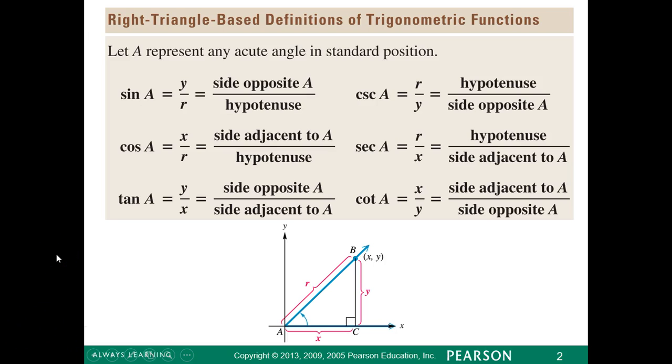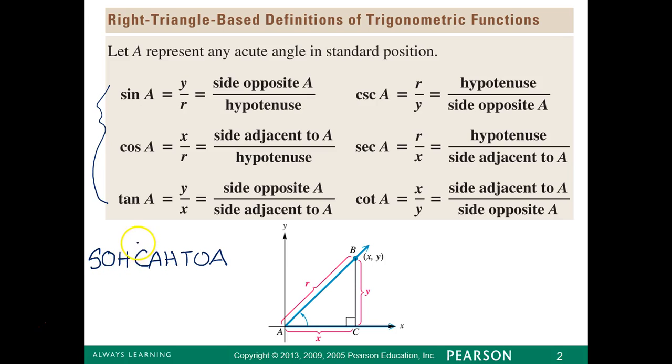Okay, I take that back. Before we go on to the next example here, I'm going to show you a way to remember at least these first three trig definitions. And you've probably heard me mention this before if you've had me. It's SOHCAHTOA.